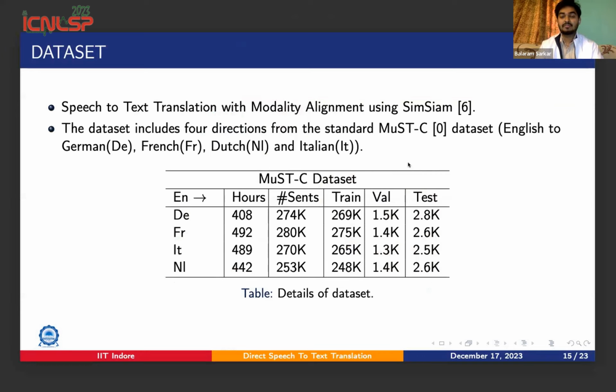For example, English source audio to parallel text in 8 different European languages. We considered using 4 languages for our experiment: German, French, Dutch, and Italian. So these are the details of the data set.